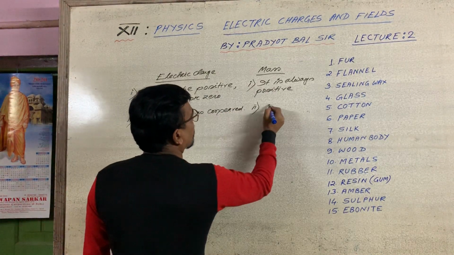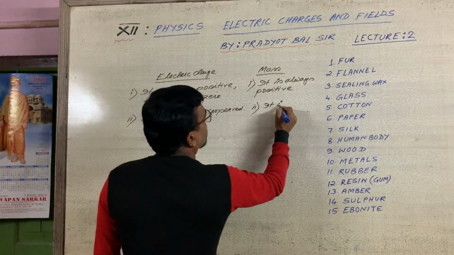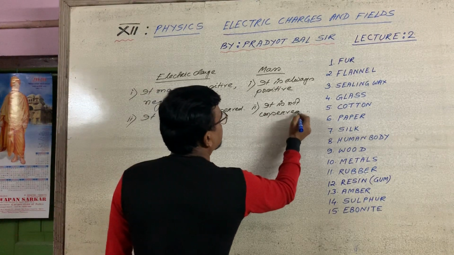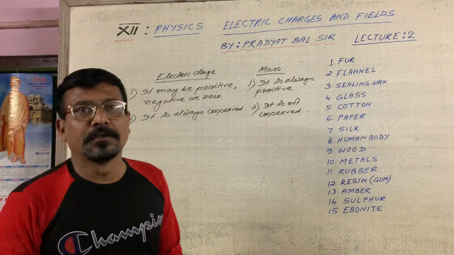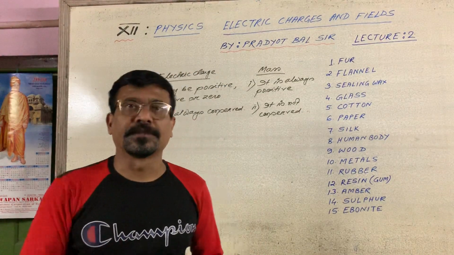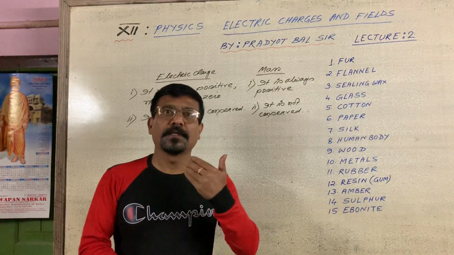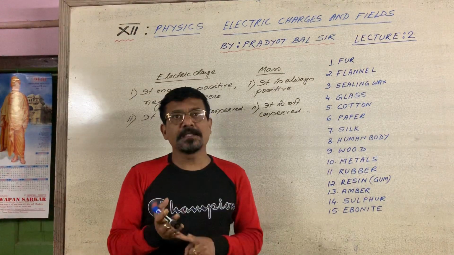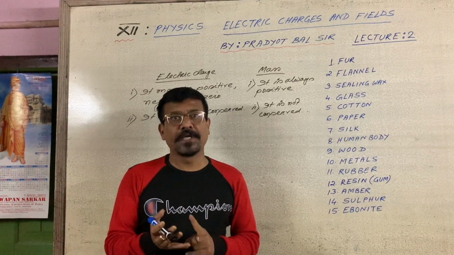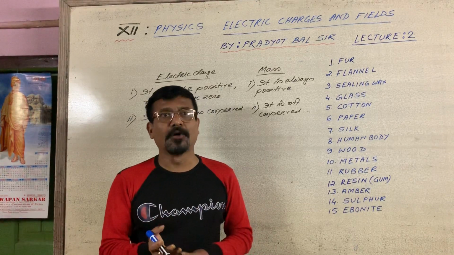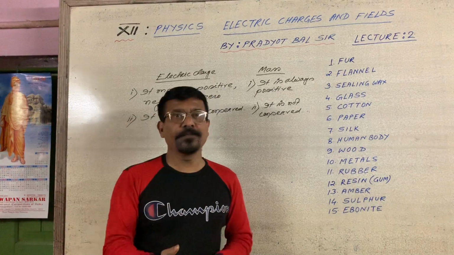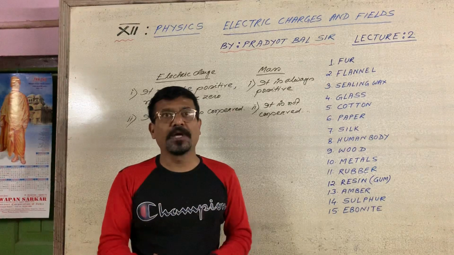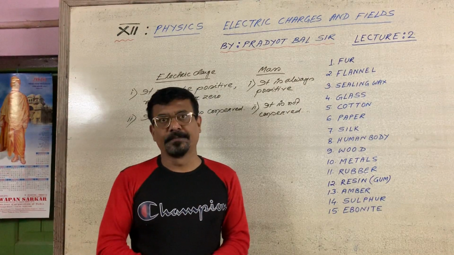Mass is not conserved. What does it mean? Mass can be converted into energy and energy can be converted into mass, vice versa. That's why mass is not conserved.